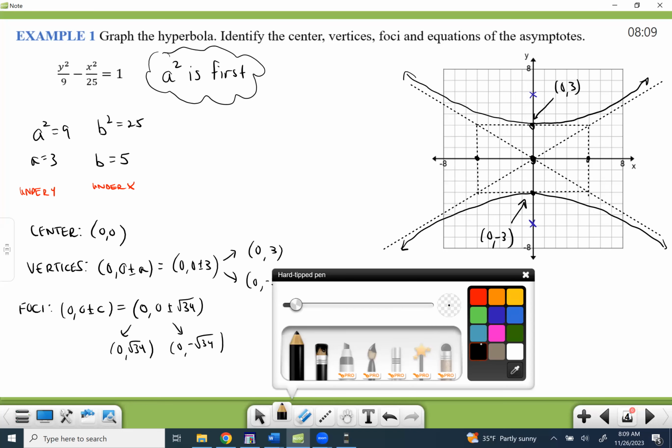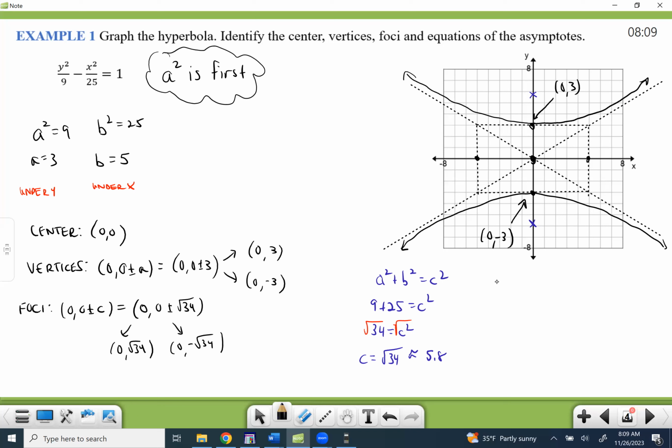So for the asymptotes, okay, remember that it's basically going to be slope, and slope is always the y over the x.